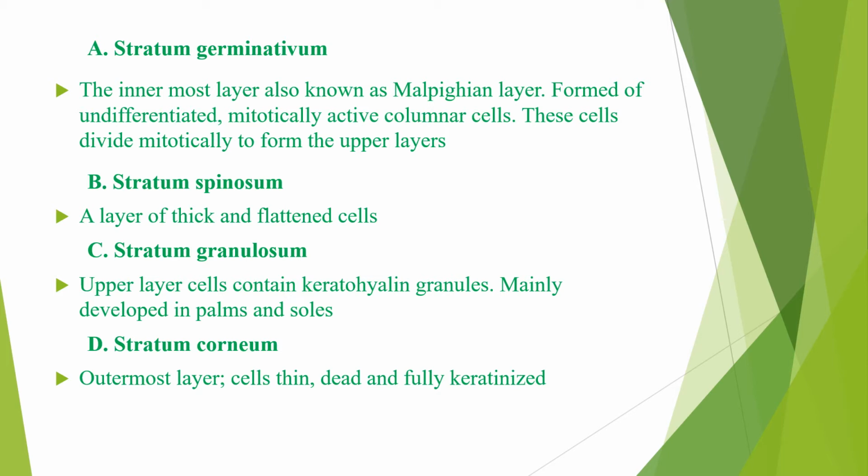And the outermost layer is called stratum corneum, which is made up of thin cells which are dead and fully keratinized. So it forms the outer horny layer and is mainly well developed in soles and palms, which are thick in size.